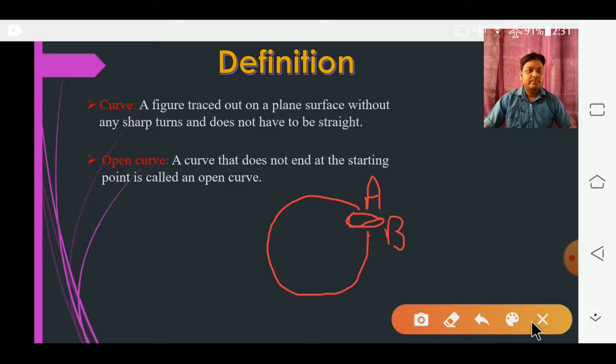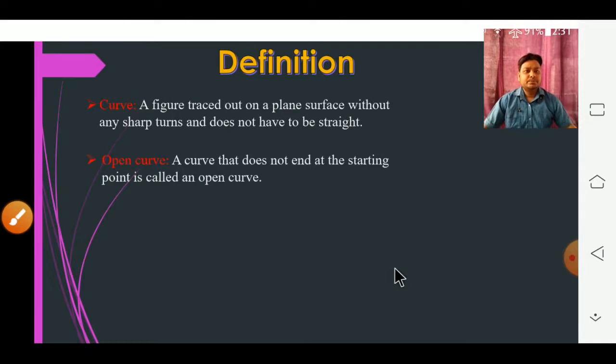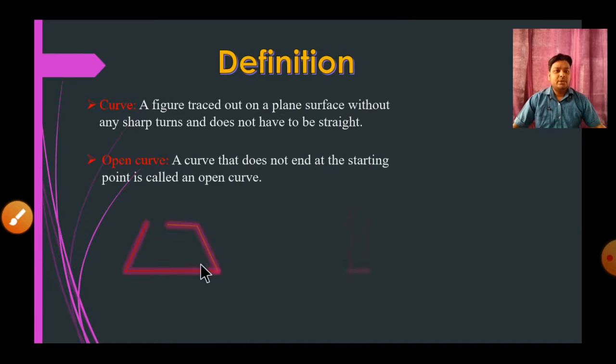Now here you can see these two figures. Here it is open and here it is open. So these types of figures are called open curves.